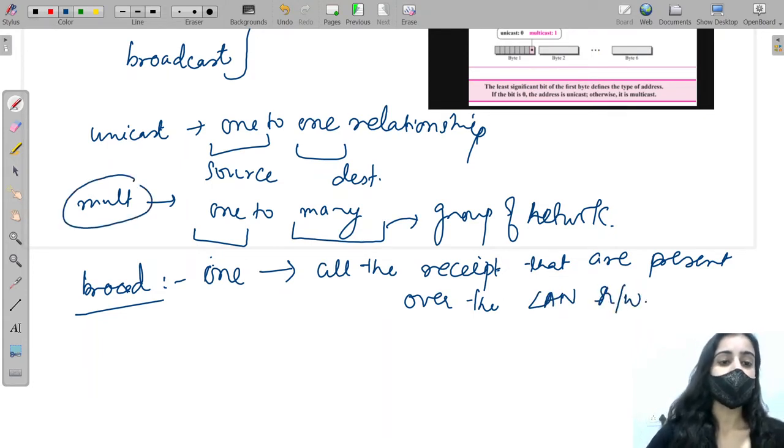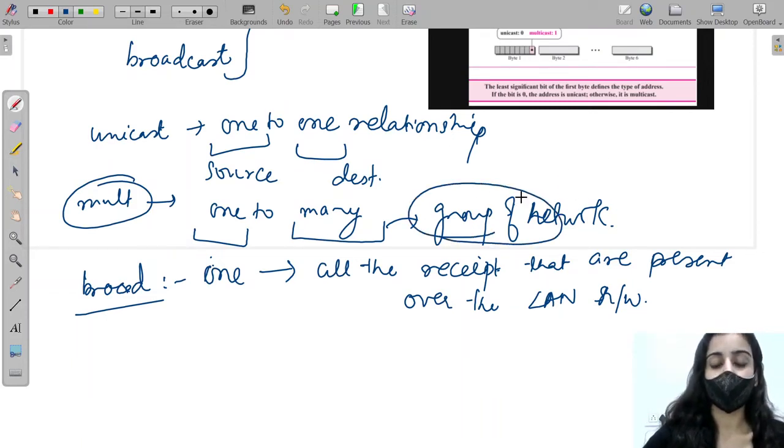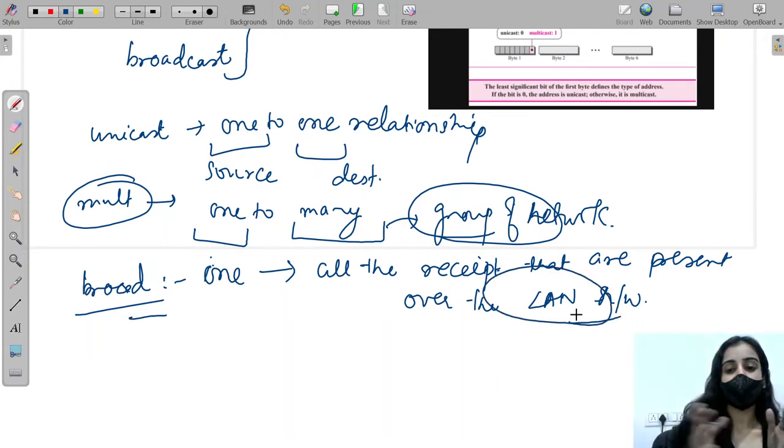So multicast was going to a specific group of networks that we want to send to, but in broadcast, it is going to all the stations or networks that are present over the LAN.